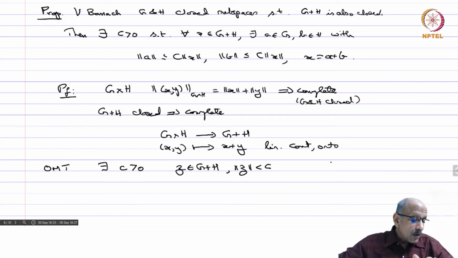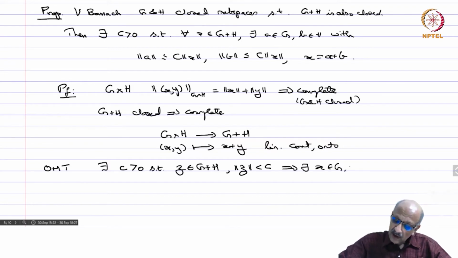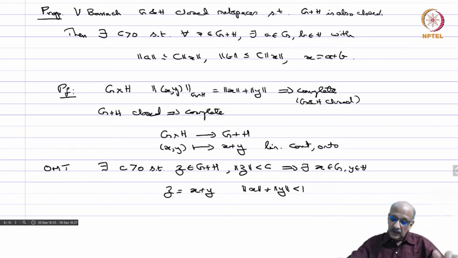Okay, so such that implies there exists x in G, y in H, such that Z equals x plus y and norm of x plus norm of y is less than 1. So this is the theorem, namely the ball in G plus H with center origin and radius C is contained in the image of this map of the unit ball. So that is what we have said.